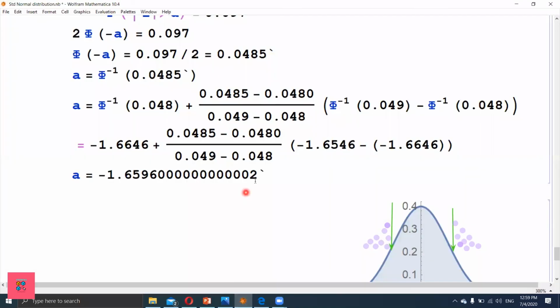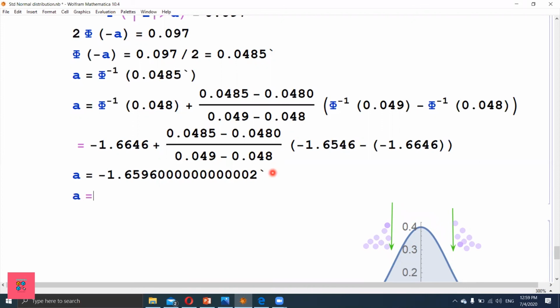Since we know that the 2 points exist on the left side and right side, so A must be positive and negative both, because modulus Z shows that the value of A is minus and plus both. So we will round it off at 2 decimal places.